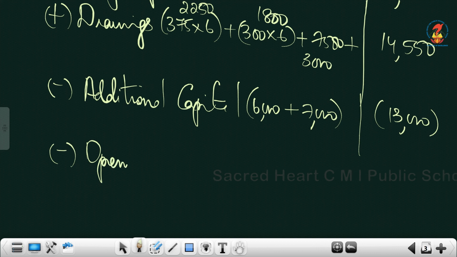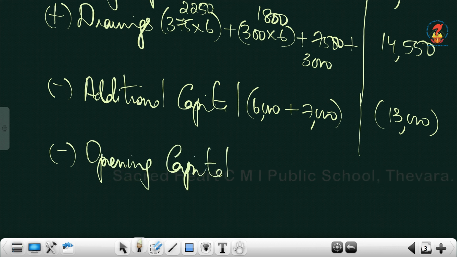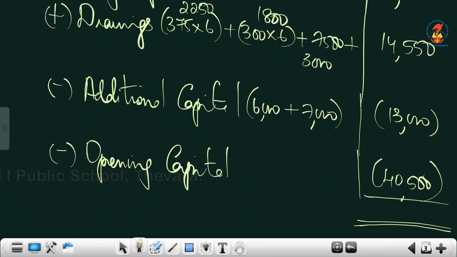Finally we will deduct opening capital, and the opening capital figure is 40,500. That is also less item, so write within brackets. Finally the answer you will get same like your textbook. Final answer will be 12,060. Okay, but the closing capital figure is different.